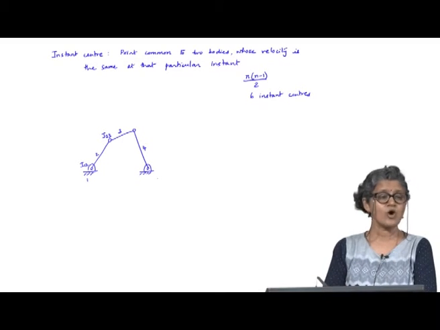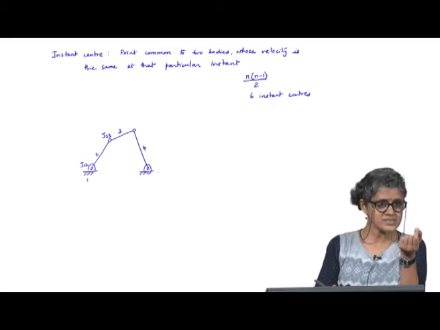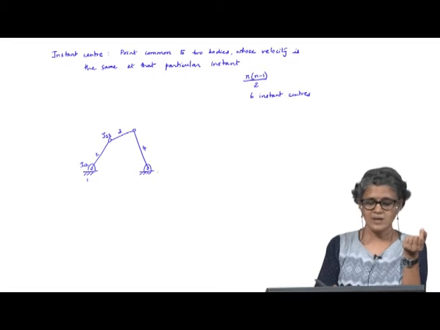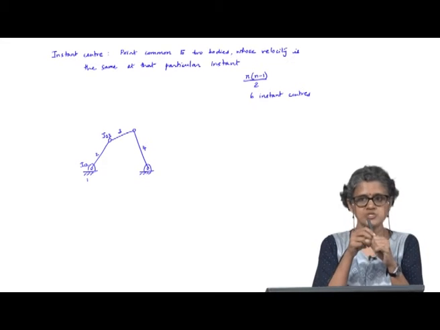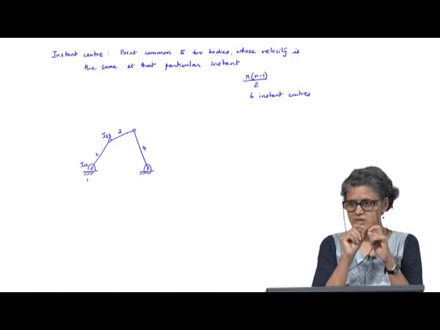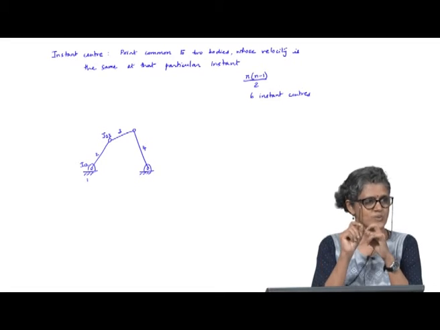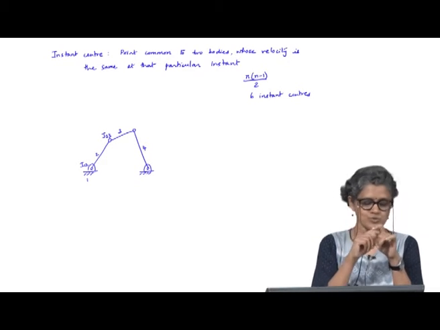If you look at the pivots, they are automatically instant centers, because they are common to both the links. Physically they are common points to both the links, and they are also called permanent instant centers for that reason, because it is always that location in the two bodies which is the instant center for those two bodies.